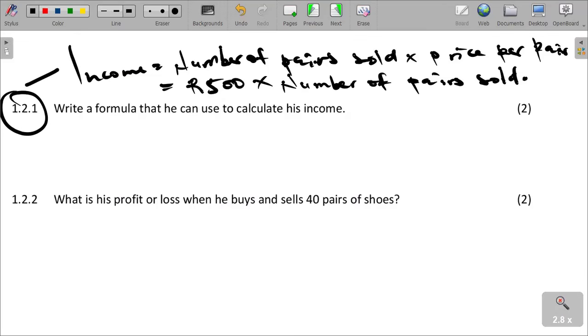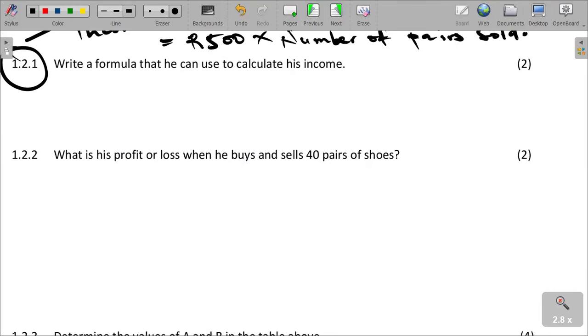What is his profit or loss when he buys and sells 40 pairs of shoes? In this case, we calculate the profit or loss.